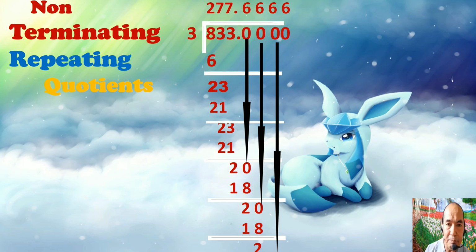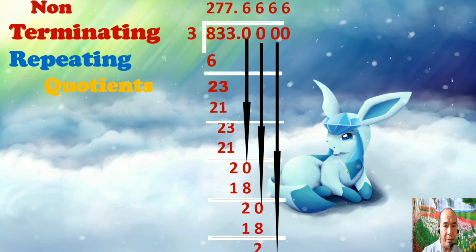So there is a repeated quotient, the repeated digits, which is 6. So if we will continue, it will never end. It will still be 6 in our quotient. That's why we call this non-terminating. We can never terminate the division because there is a continuous remainder.